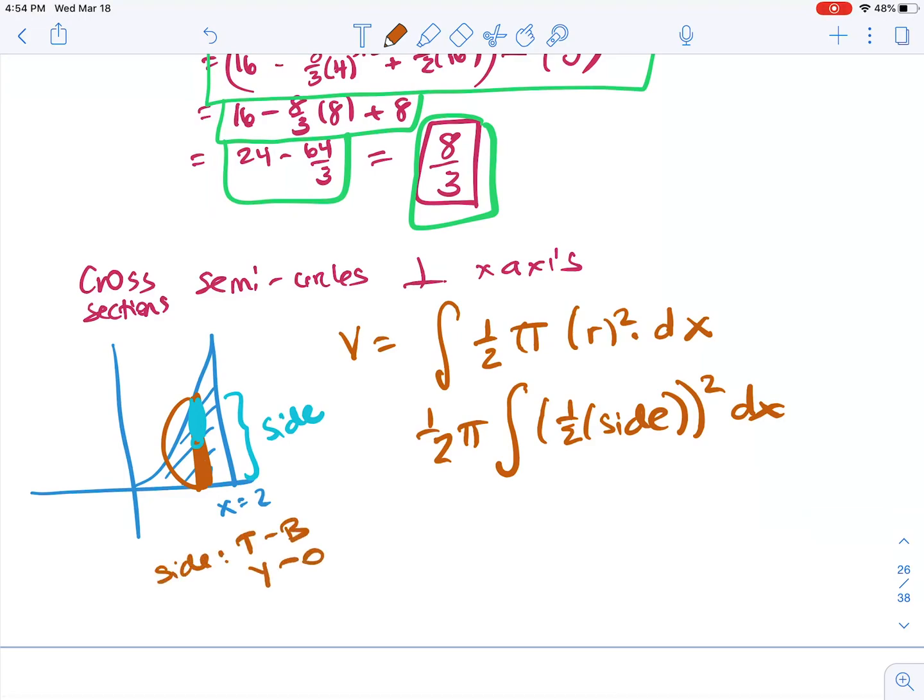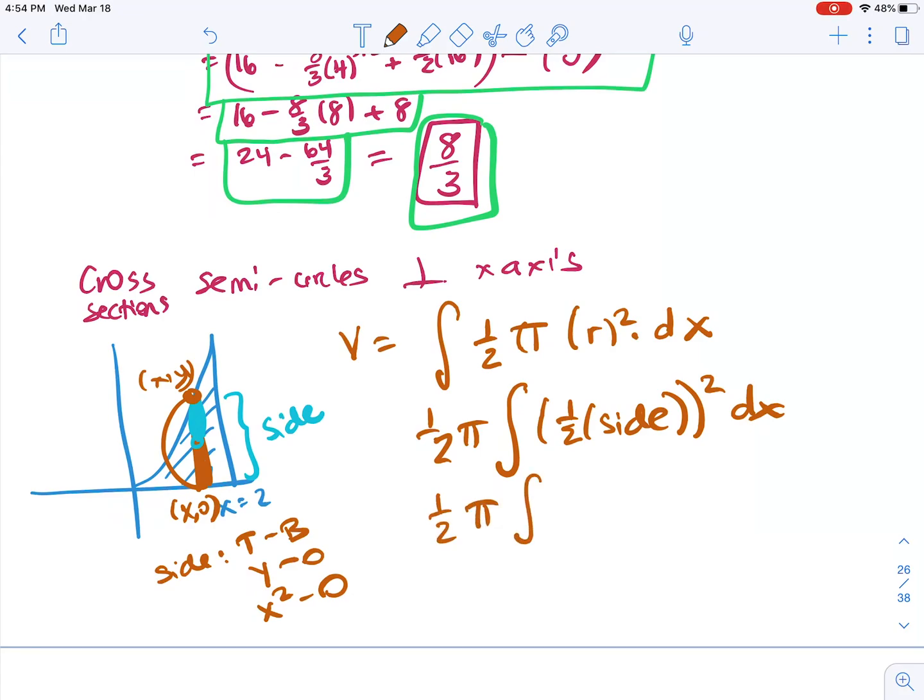So I want to be clear about that. Now again, my side length is top minus bottom. It's the y coordinate up here, which could be anything, and the y coordinate down here, which is 0. For this particular problem, I know my integral has to be in terms of x, so I'm going to replace y with x squared.